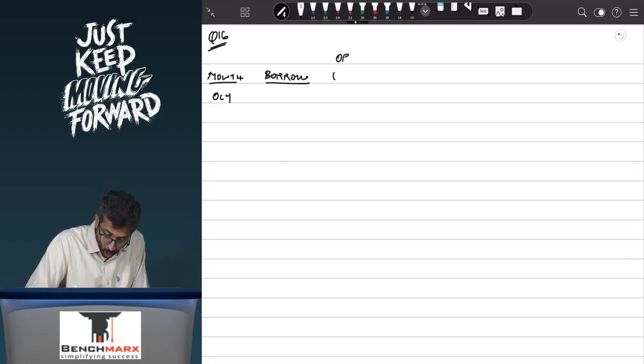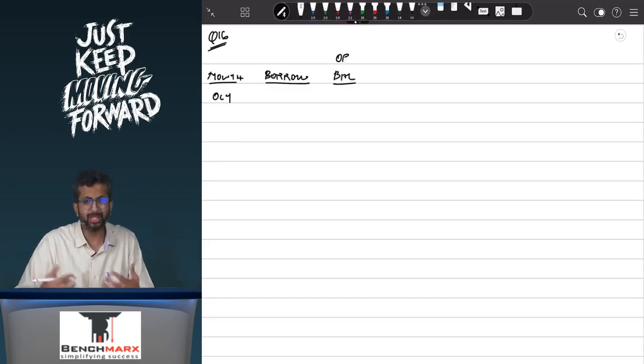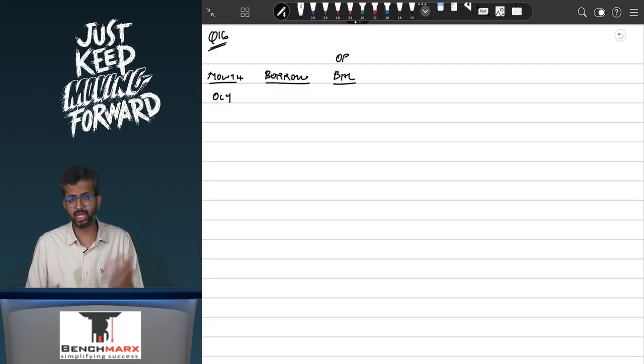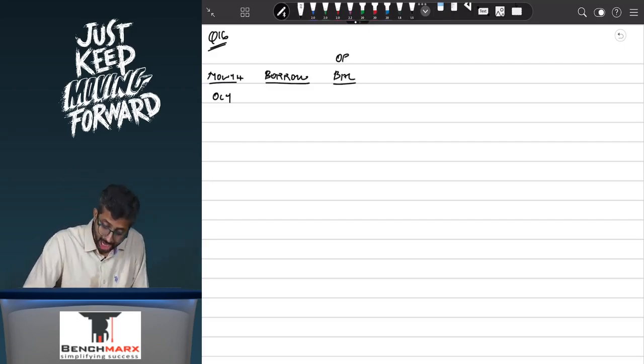Then if there is any opening balance or opening expenditure till date in your building under construction, and then you will have expenditure during this month, which will give you the adjusted opening. Once you do that, then you can find the interest or eligible interest to be capitalized, if any.